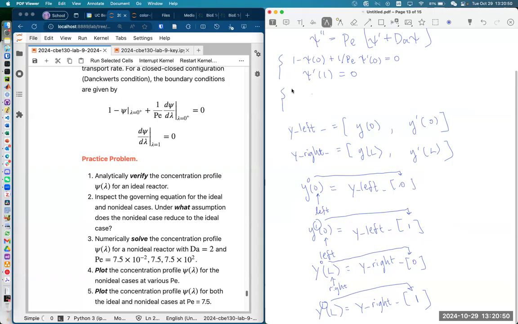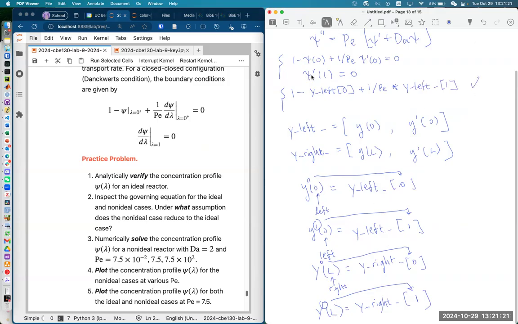The first line will be 1 minus psi of 0, and psi of 0 is y left index 0. That is the left condition, original function. Plus 1 over PE times psi prime of 0, so this is y left index 1 because it's a left boundary condition. Index 1 means it's the first derivative. So this is the first boundary condition.